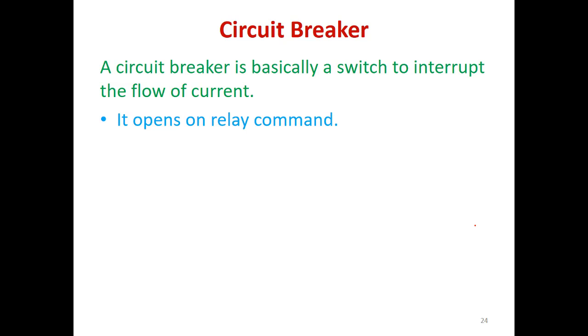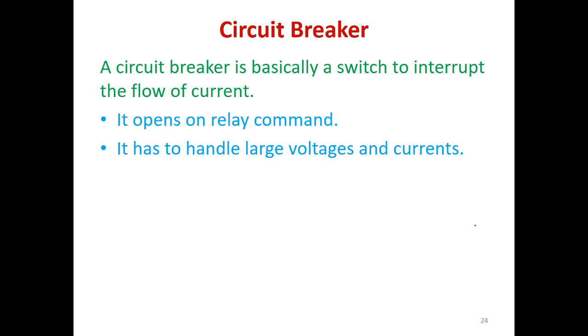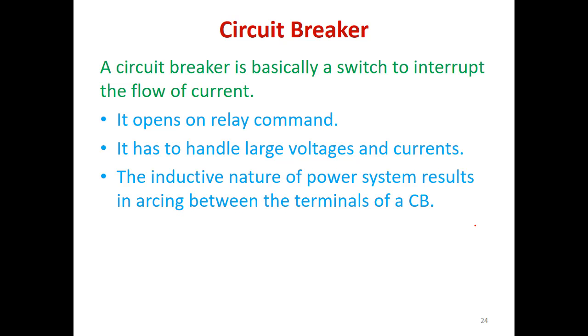It opens on relay command. Obviously it has to handle large voltages and currents. The inductive nature of the power system results in arcing between the terminals of the CB.